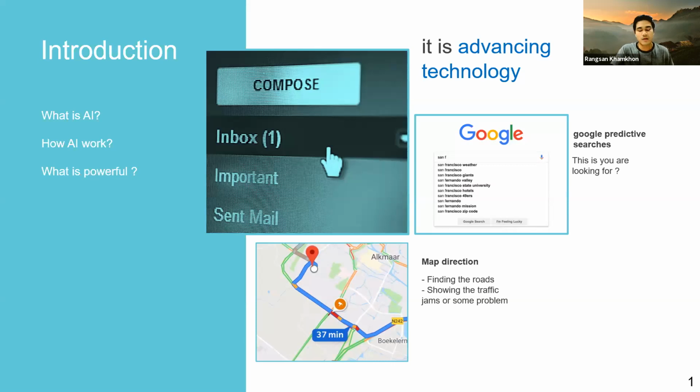Okay, first, let me talk about the introduction of AI. Artificial intelligence, or AI, is a wide-ranging branch of computer science concerned with building smart machines capable of performing tasks that typically require human intelligence.